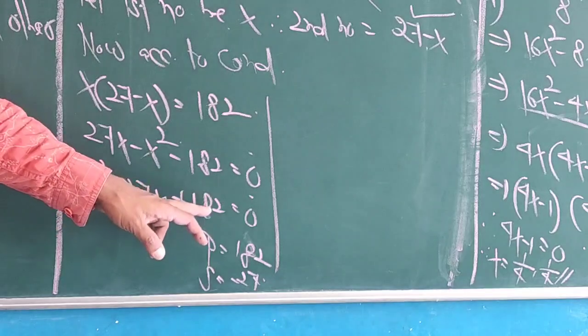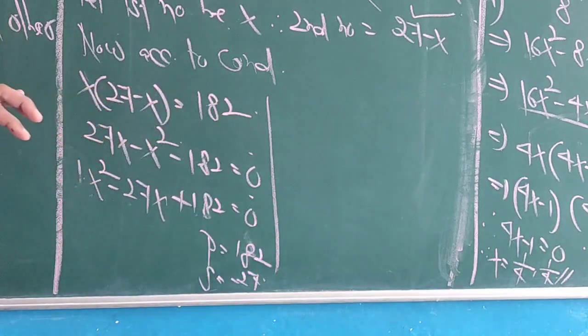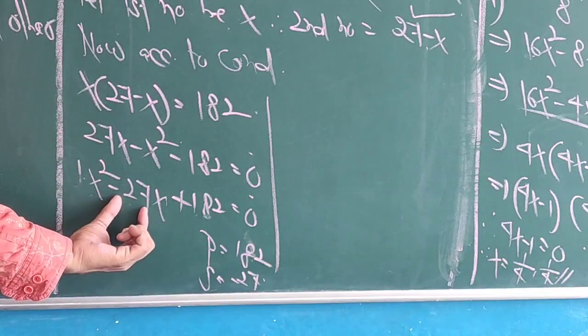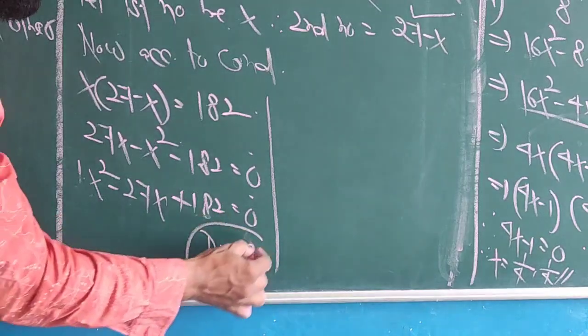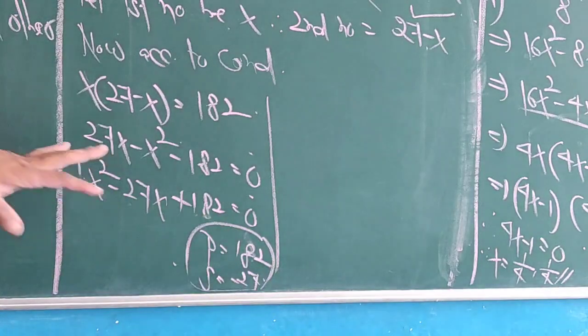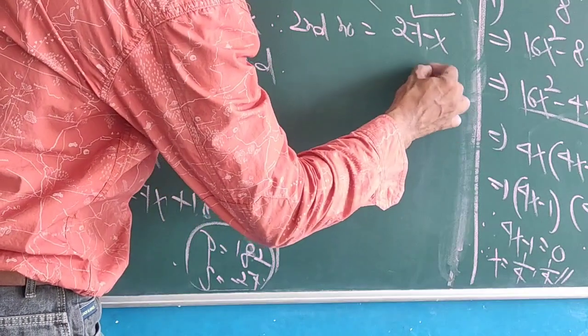So 1 multiplied by 182 means 182. So by product we want to make 182, and by adding we want to make minus 27. So here we find two factors of 182 whose sum is minus 27.